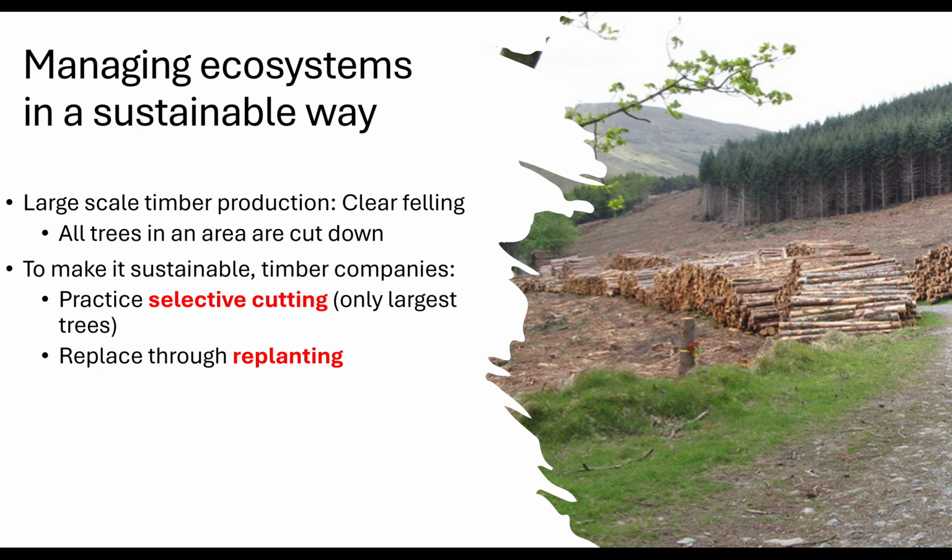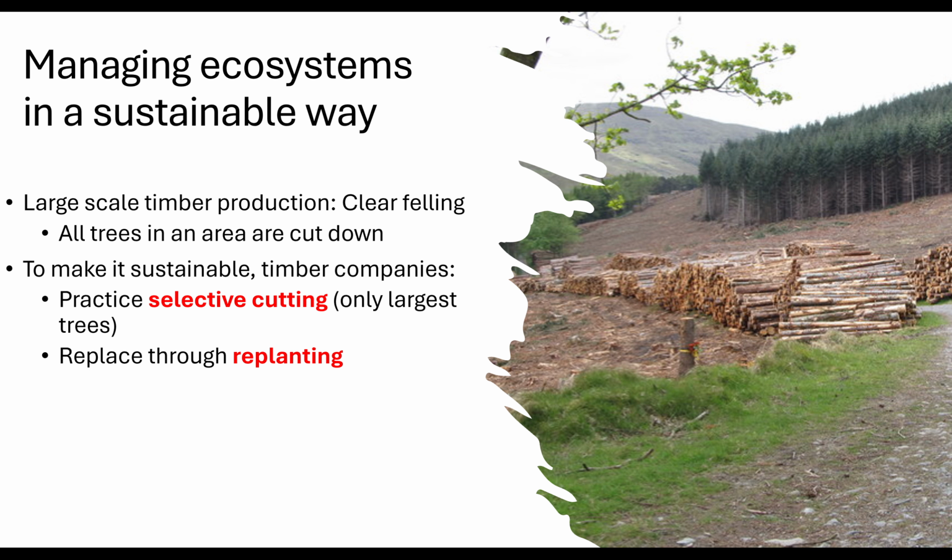Another way is where we replace the trees that have been cut down through replanting. Now, by replanting, we are therefore putting organisms back, which could be the habitats, it could be the food source. So therefore, by replacing through that replanting, we are trying to manage this ecosystem in a sustainable way.